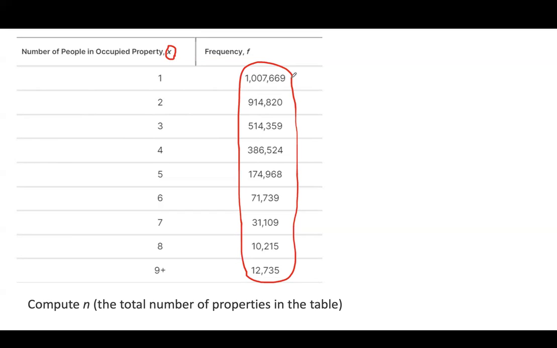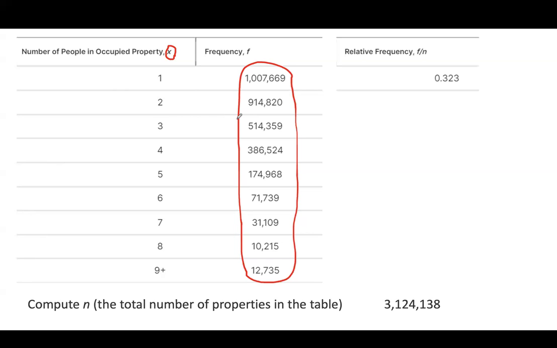We had a big team, we had money, we sent them out, and the total is 3,124,138 properties. And out of those properties, 1,007,669 have one resident. We want to find the probability for each one of these.